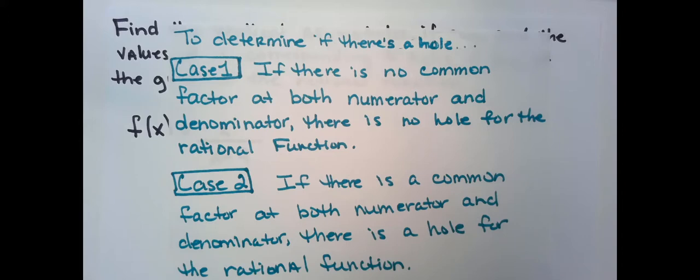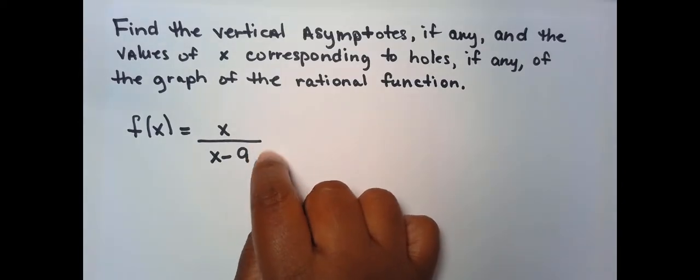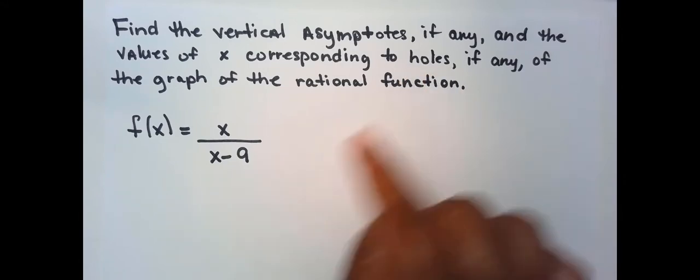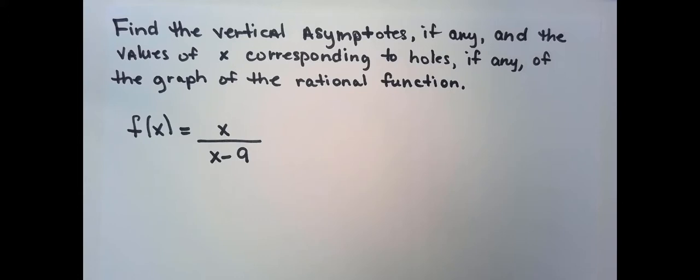Case 2: if there is a common factor in the numerator and denominator, there is a hole for the rational function. So basically, to determine if there are any holes, we want to see if the numerator and denominator can be factored. If so, then there is a hole.